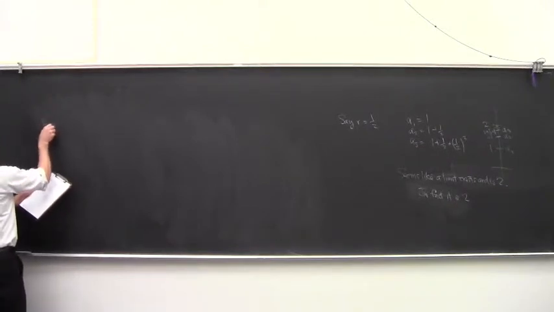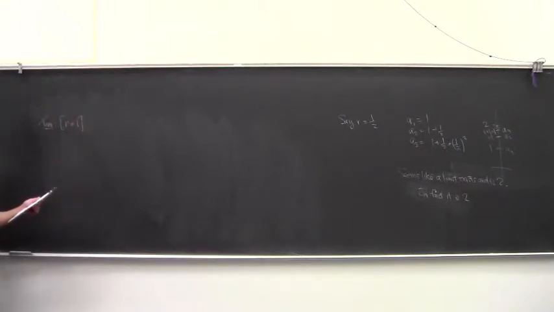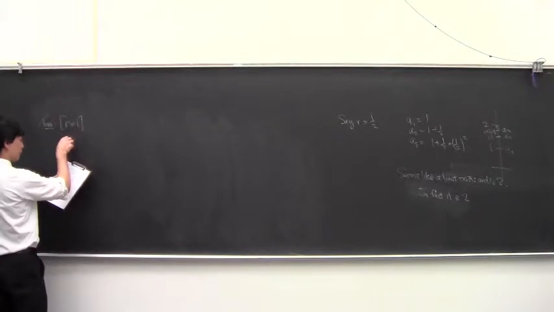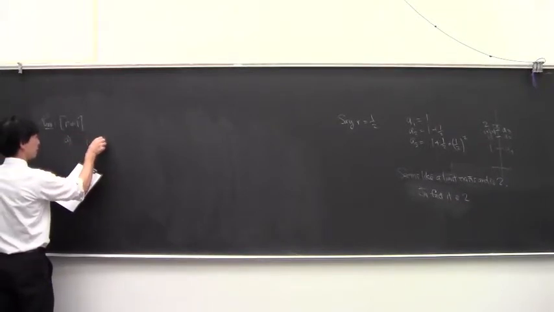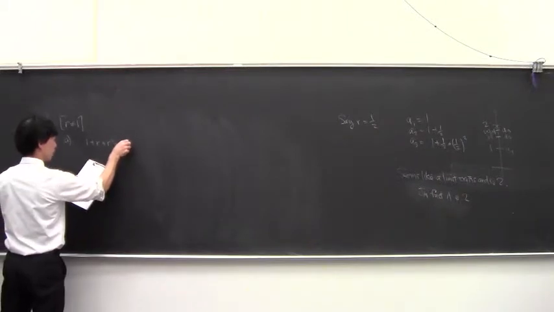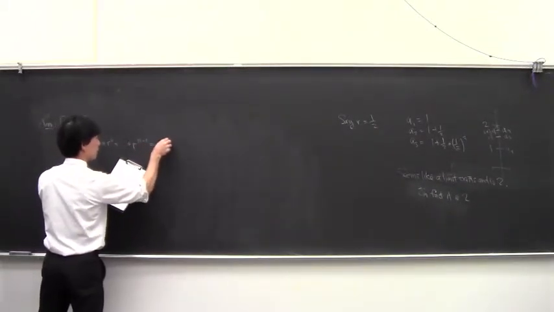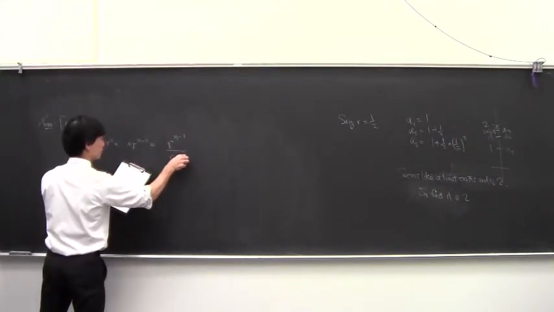So here's the theorem. It has two parts. The first part says 1 plus r plus r squared plus up to r to the n minus 1 is equal to r to the n minus 1 over r minus 1.